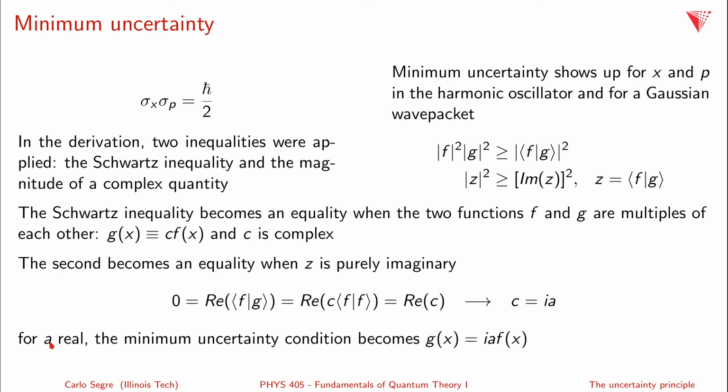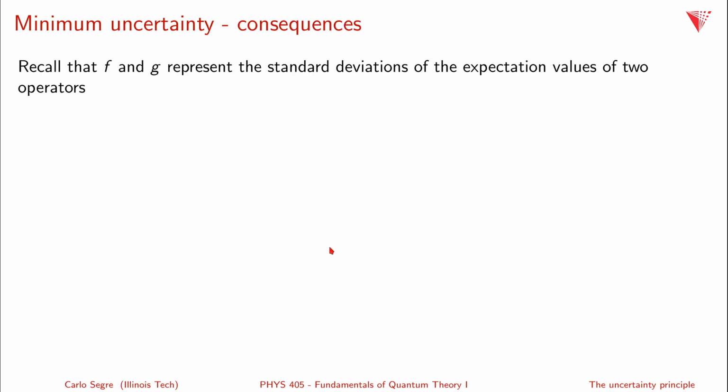For a real, the minimum uncertainty condition, when both of these inequalities are equalities, becomes that g of x is equal to i times a, which is real, times f of x. So remember that f and g represent the standard deviations of the expectation values for two operators.